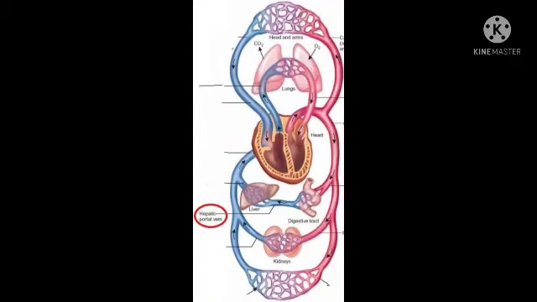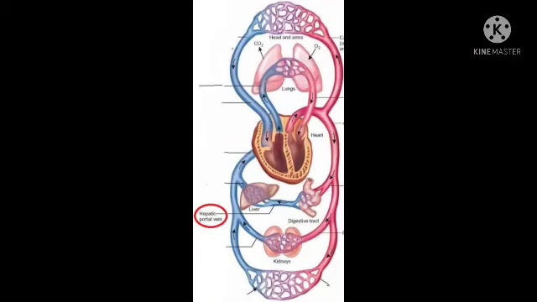They carry blood from organ to organ. Do you understand the difference? Every vein carries deoxygenated blood to the heart, but portal veins carry blood from one organ to another organ. Such veins are called portal veins.